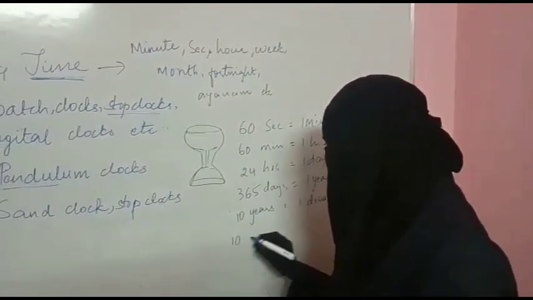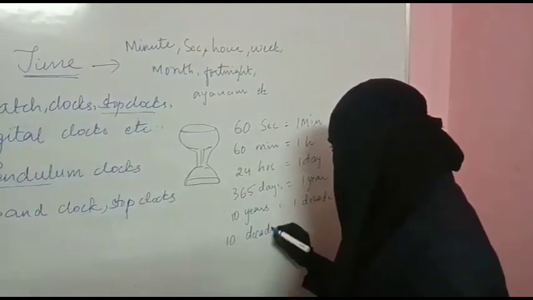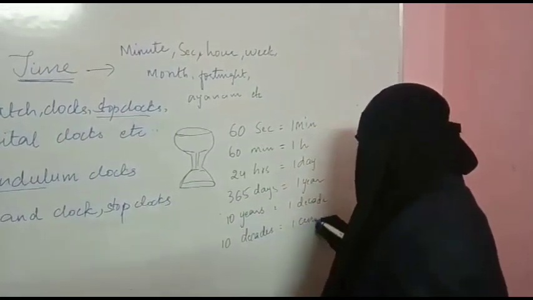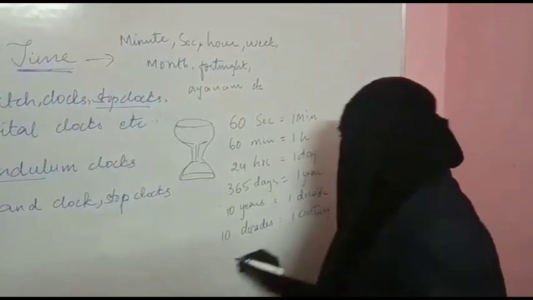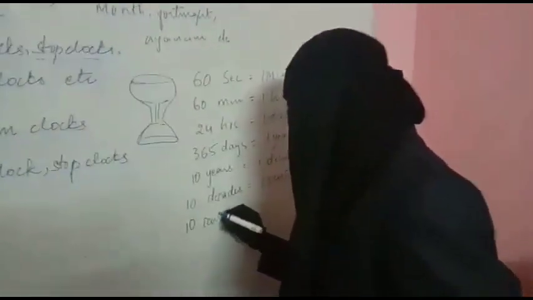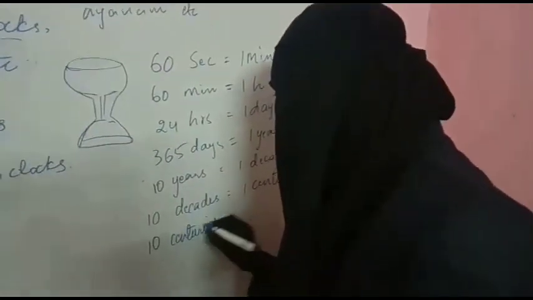And 10 decades equals 1 century. And 10 centuries equals 1 millennium.